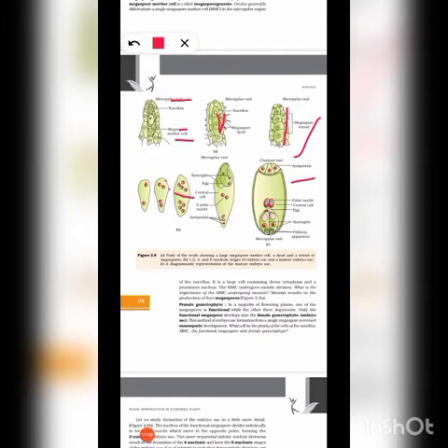In the chalazal region 3 antipodals will be there, and in the micropylar end 2 synergids plus 1 egg cell. This forms the egg apparatus, and in the center you can find the central cell with 2 polar nuclei. So this is the structure of the female gametophyte or embryo sac.